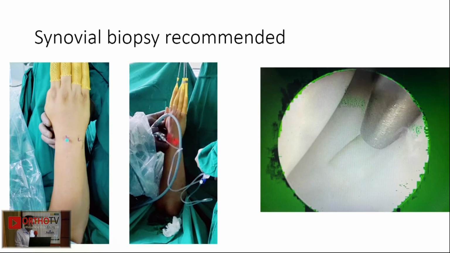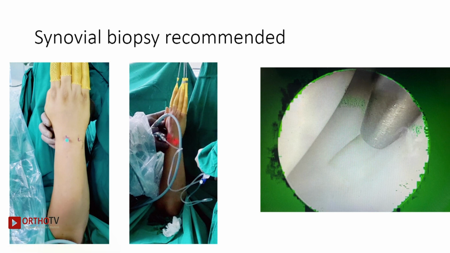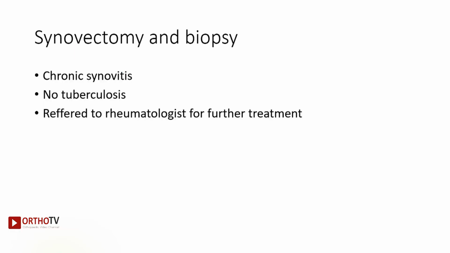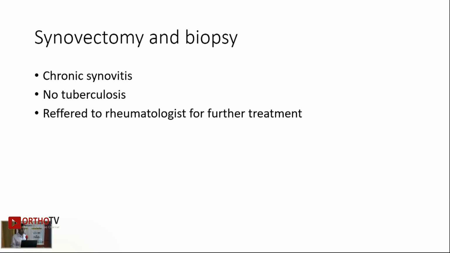So we went arthroscopically and we can see the central tear here. However, for a central tear we don't have to do anything. We just debrided it and took a synovial biopsy, and we always send the sample for testing for tuberculosis along with the biopsy.